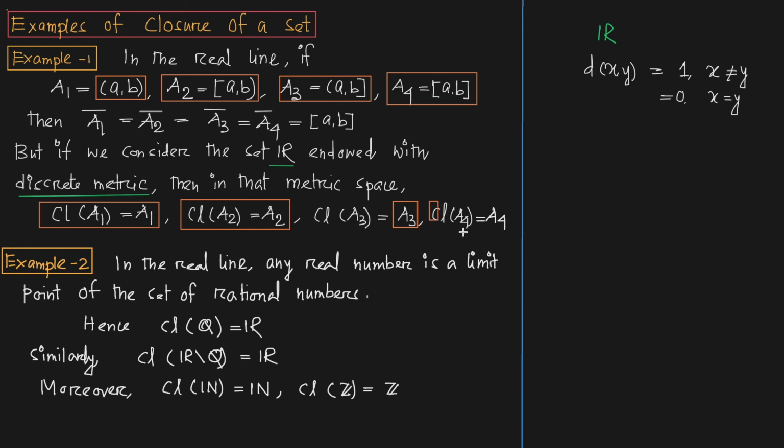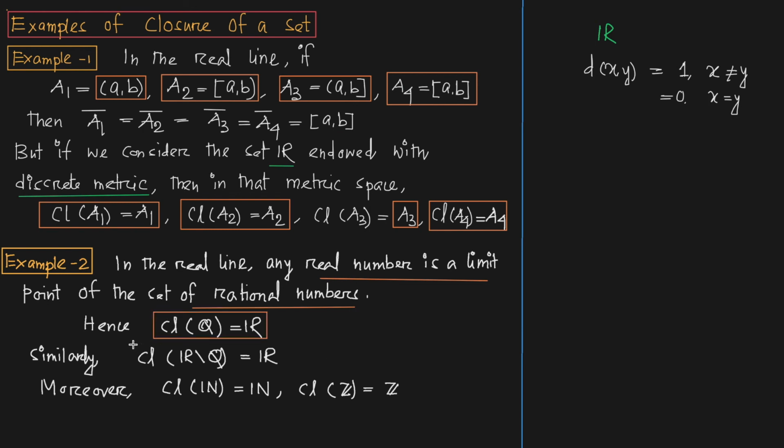Okay. Now we consider the next example. In the real line R, we know that any real number is a limit point of the set of rational numbers. When we studied real analysis in first year, from point sets, the limit points of the rational numbers are all the real numbers. So closure of Q is also the real numbers.